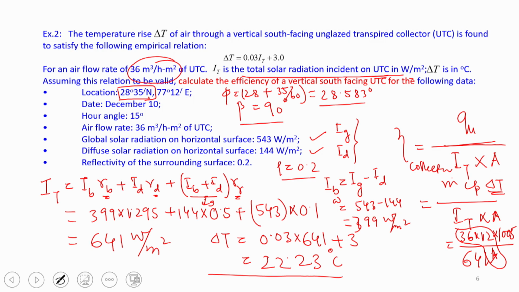You substitute here in delta T, that 1005 into 22.23. That means if I expand this, 36 into 1.2, 1005 into 22.23 divided by 641. Now tell me what is the collector efficiency now?